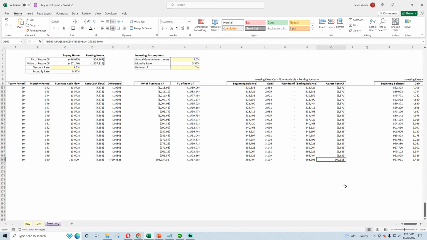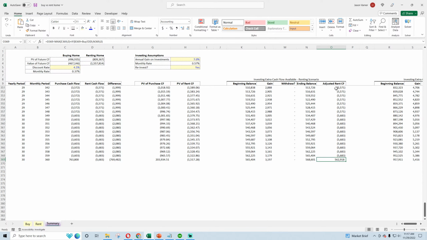So you have 562. So this adjusted stream we will do. So this is like the basic calculation, and then we're going to do the advanced calculation, which will show the adjusted rent cash flow. So that's great. This all is making sense to me.